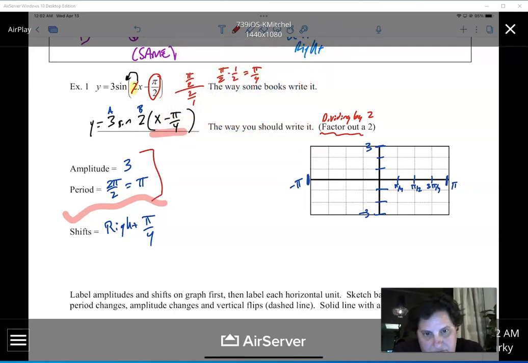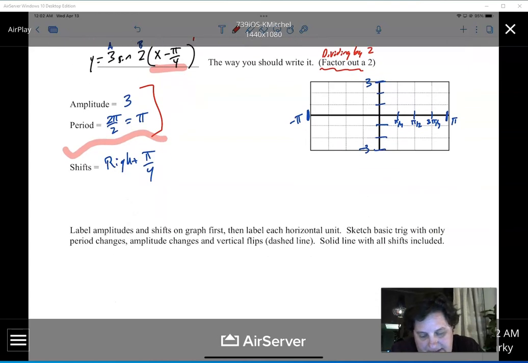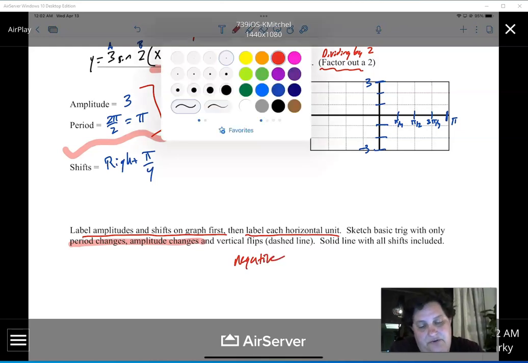Once you do, actually it says it right here, label the amplitudes and the shifts on the graph first, like say what they are. Label the units. Sketch the basic trig function with only amplitude, period, and vertical flips means negative. And put it as a dashed line so you know that's not your final answer.